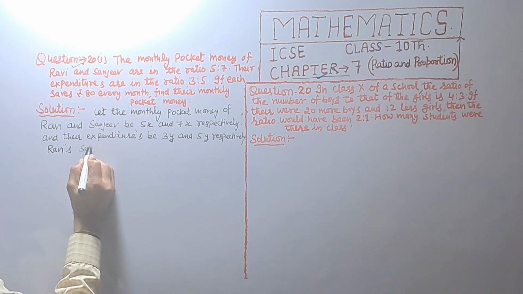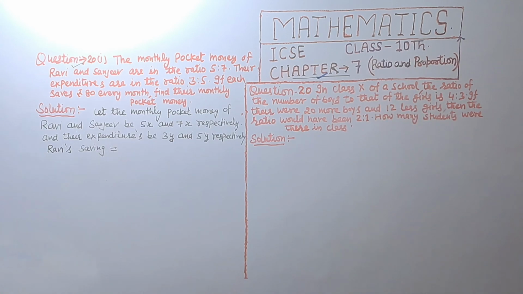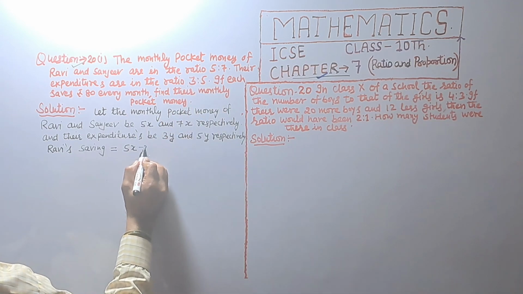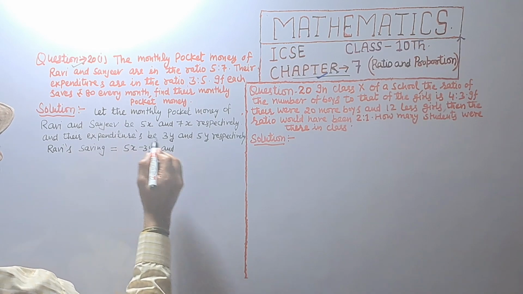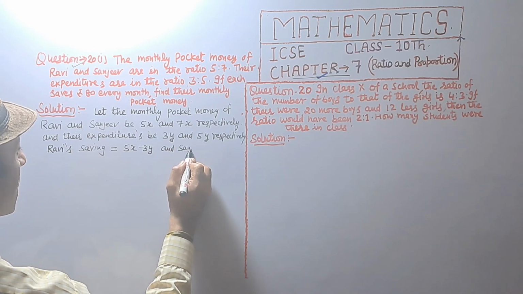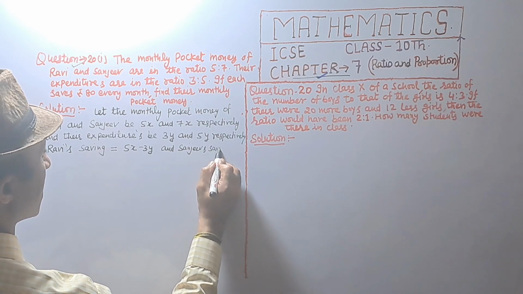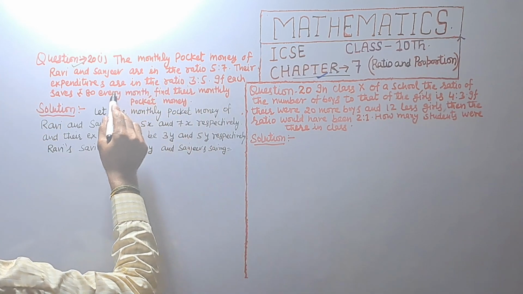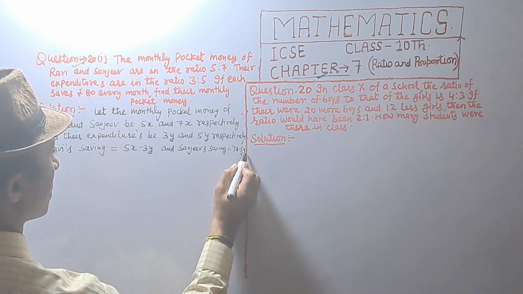Rabi's saving is equal to 5x minus 3y and Sanjeev's saving is equal to 7x minus 5y.